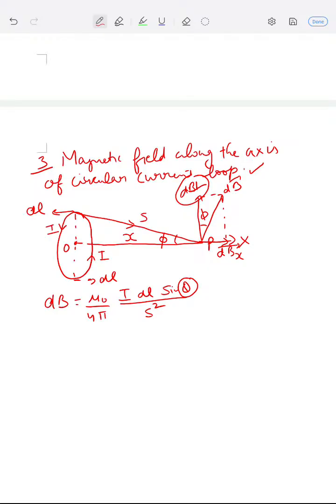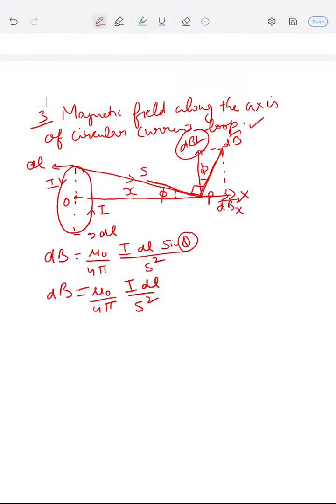So dB equals mu 0 upon 4 pi I dl upon s square.